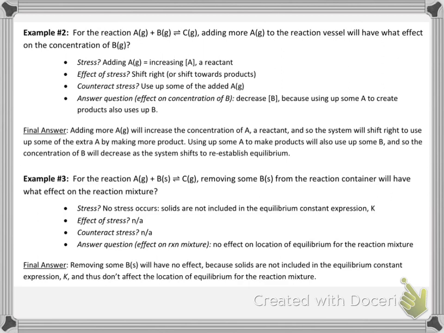In example number 2, we're given a chemical reaction, and we're saying, well, if you add some more of your gaseous A, whatever that is, to the reaction vessel, what effect will that have on the concentration of B? Now, one thing to realize, that if you're adding more gaseous particle A, that is increasing the concentration of A. And A is a reactant.